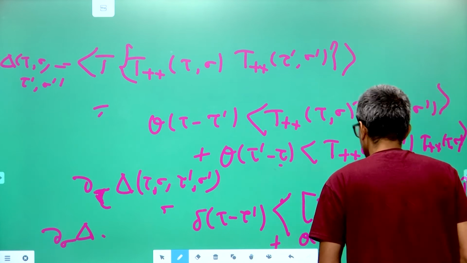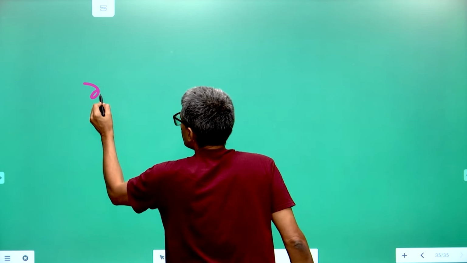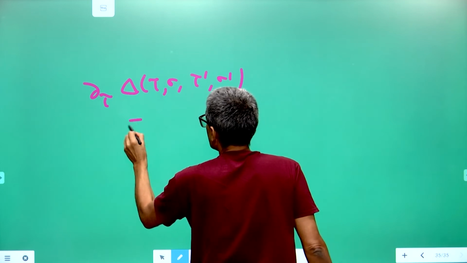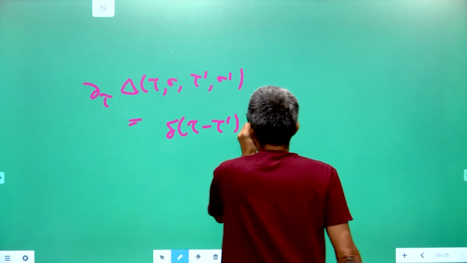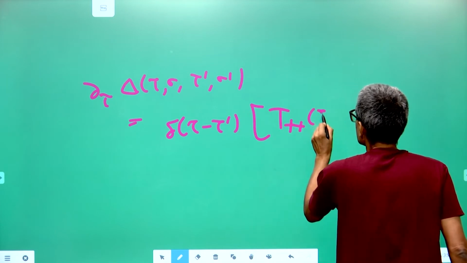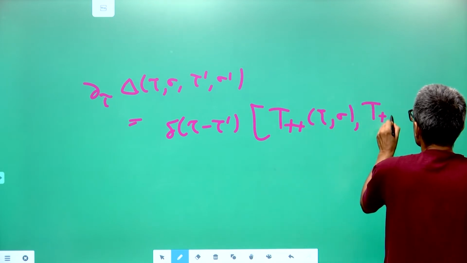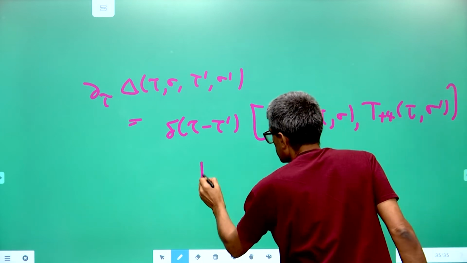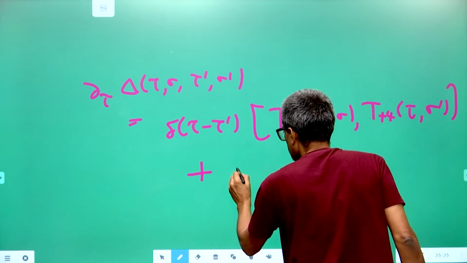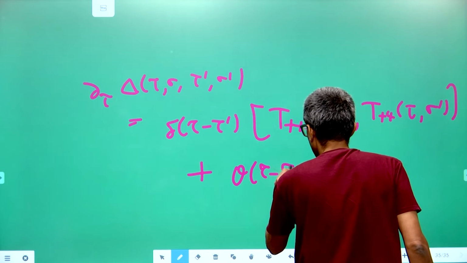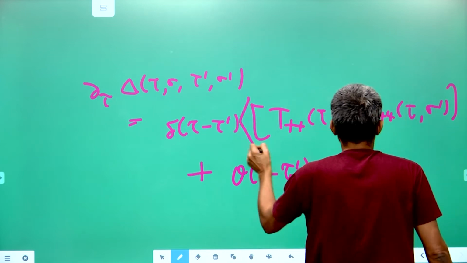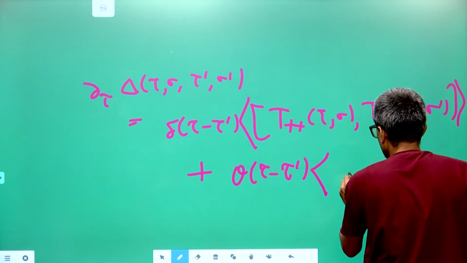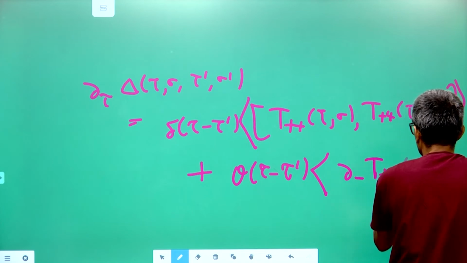So I will get dou tau of delta(tau sigma; tau dash sigma dash) is equal to delta(tau minus tau dash) times the vacuum expected value of the commutator of T plus plus at tau sigma, T plus plus at tau dash sigma dash, plus I will get theta(tau minus tau dash) times, of course, the vacuum expected value of this into the vacuum expected value of dou tau minus dou sigma, which is dou minus of T plus plus at tau sigma.